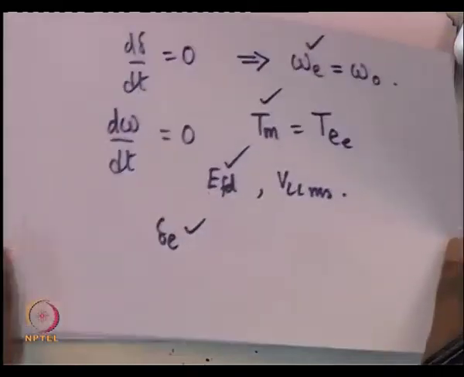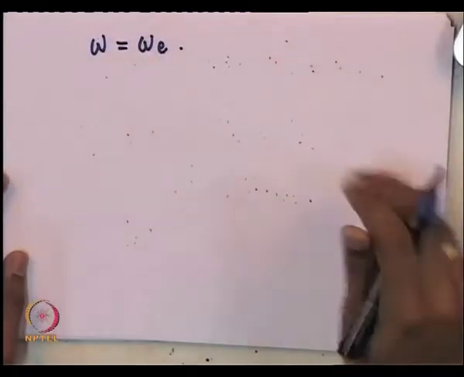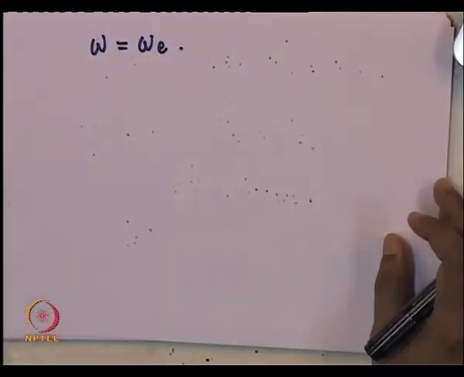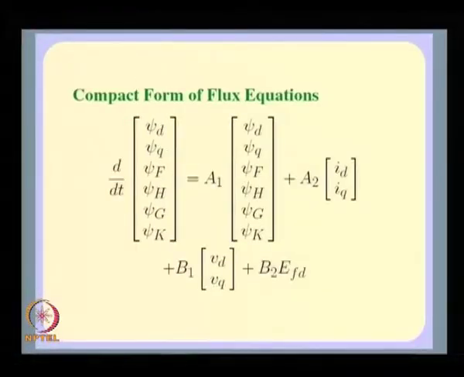Thereafter, once you know the equilibrium value of omega is omega e, you also have the differential equations corresponding to the fluxes. I have written them down in compact form here. You set this equal to 0.